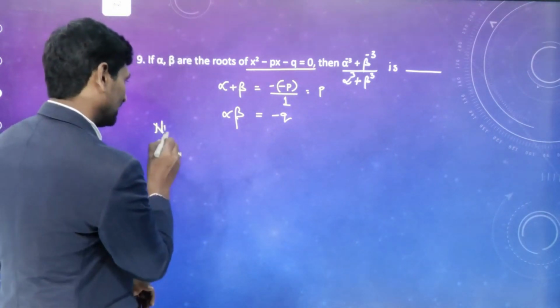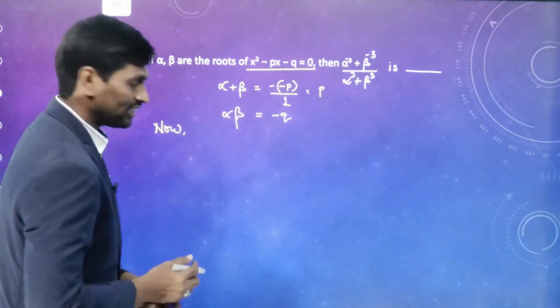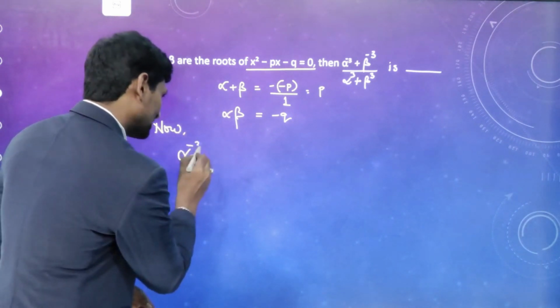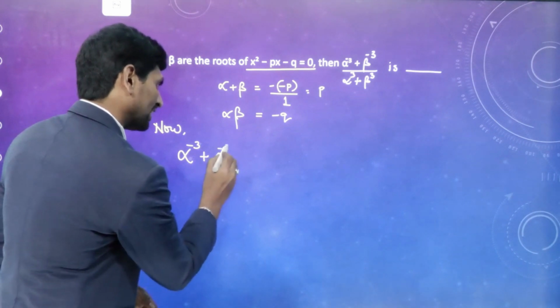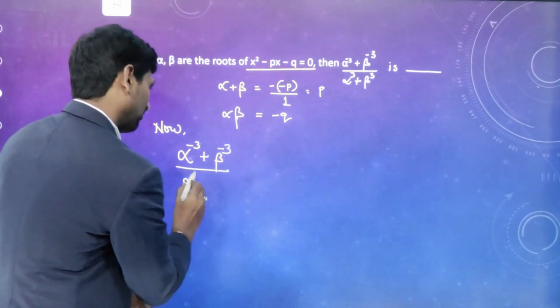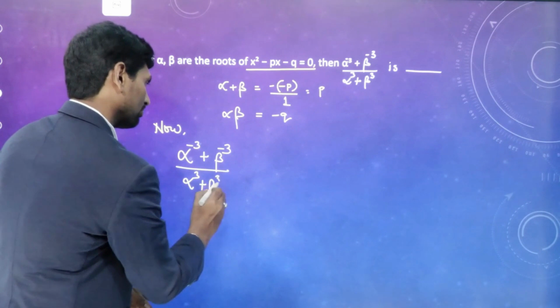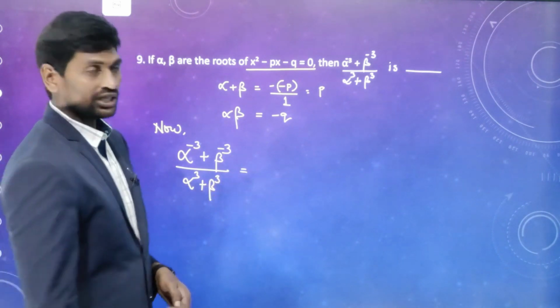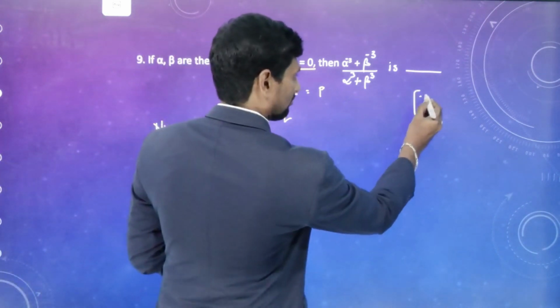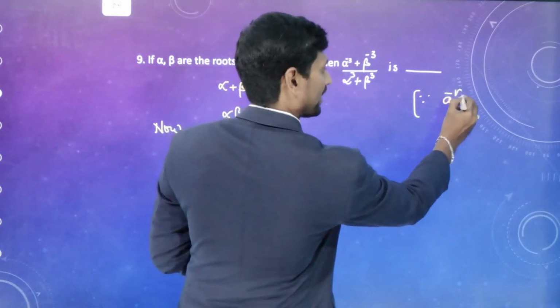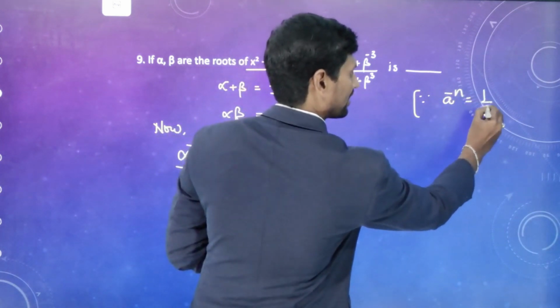So the answer is minus q only. Now let us find this by simplifying. Alpha power minus 3 plus beta power minus 3 by alpha cube plus beta cube. Now you already know one of the laws of exponent, that a power minus n is equal to 1 by a power n.